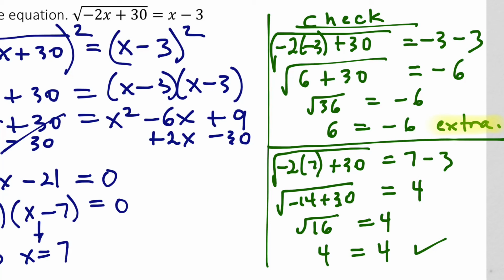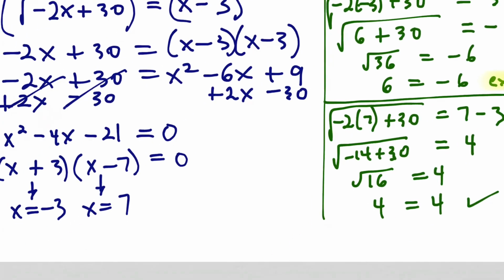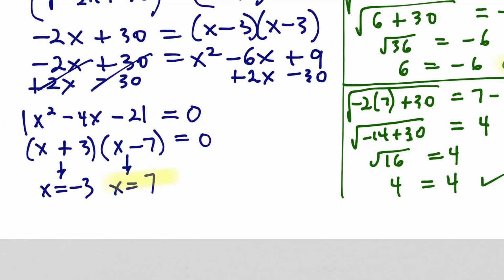So then I go ahead and I plug in my 7, and I check that one as well, and I get a true statement. When I simplify, 4 is equal to 4. So I'm going to conclude that x is equal to 7 is the solution, and x is equal to -3 is extraneous.